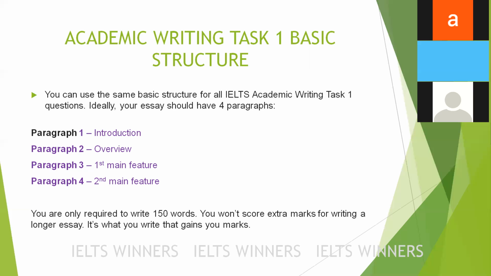So do not use to conclude, to sum up, overall. Don't use these essay conclusion phrases in your Task 1, or else it will reduce your task achievement to 5.5.